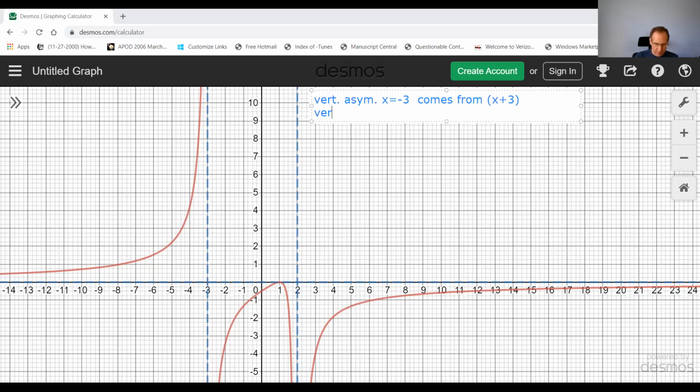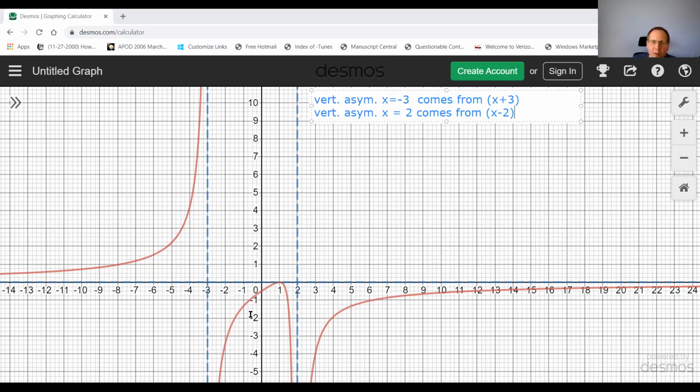I have another vertical asymptote, and that one looks like x equals 2. So that comes from a factor in the denominator of x minus 2. But what is the correct exponent for that factor in the denominator?